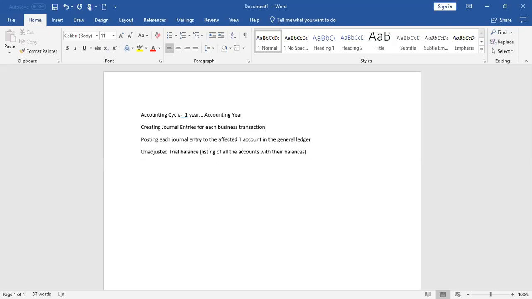Okay, so that's what says do an unadjusted trial balance. You're getting ready to do a financial statement. Now, on our test the other day, we did use an unadjusted trial balance to create financial statements. But this isn't the trial balance we actually do use. And that's where Chapter 3 comes in. We have another step in the process.